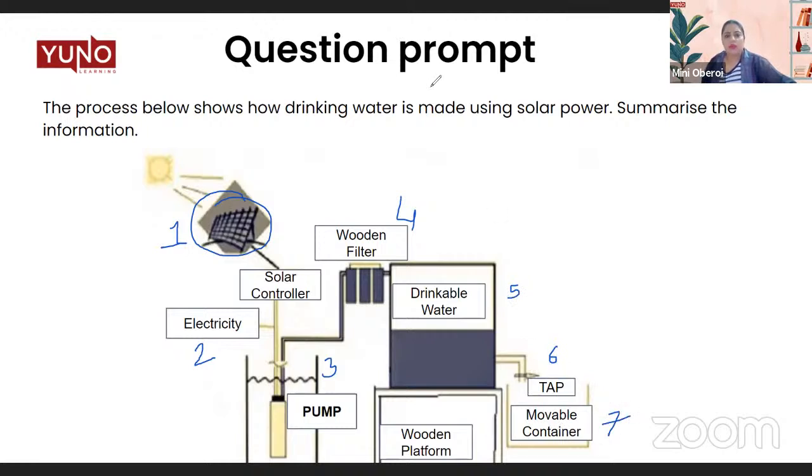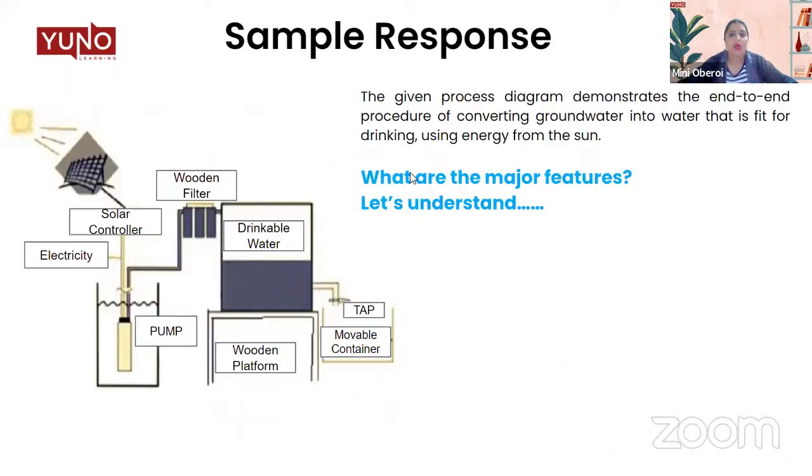Now, if I look at it, of course, we can see so many things here, but what are the major processes? I cannot name each and every one, but we need to understand what is the major process which is taking place. So, first, we try to give the introduction paragraph.